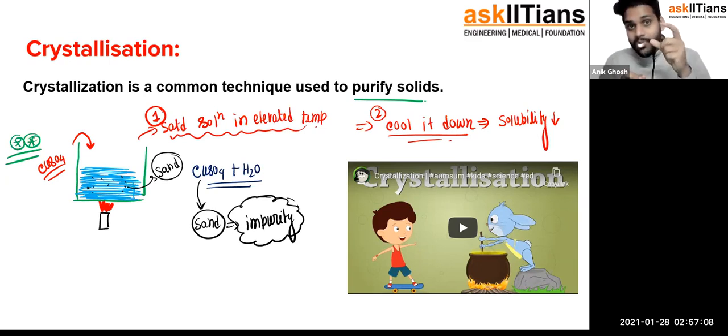The excess copper sulfate that you dissolved at the elevated temperature is going to settle down at the bottom of the beaker as crystals. So that is called the crystallization technique.